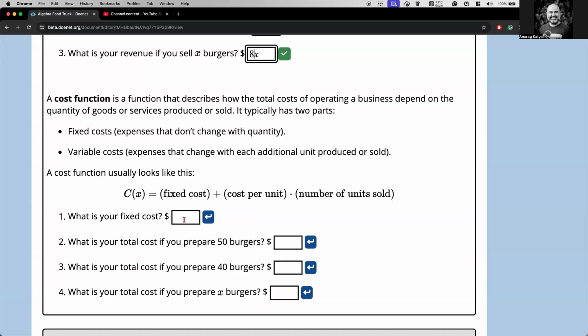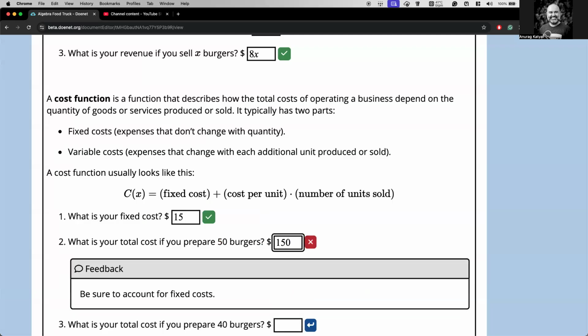So what is your fixed cost in this problem? $15. What is the total cost if you prepare 50 burgers? $150. That doesn't seem right. Because the total cost is not just $3 per burger, it's $3 per burger plus your fixed cost that you got to pay regardless of how many burgers you sell.